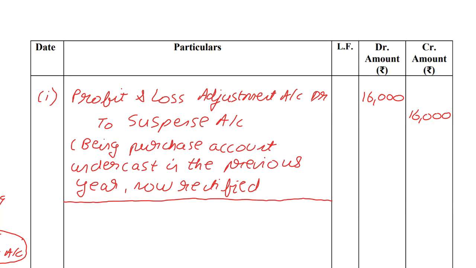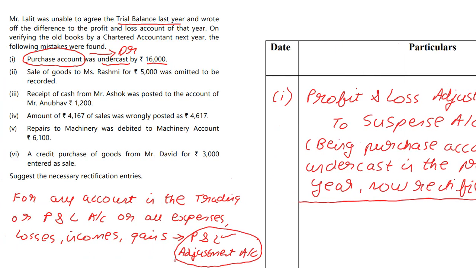Okay, now we go to the next transaction, and they're telling us that the sale of goods to Miss Rashmi for 5,000 was omitted to be recorded. All right, now in the case of an error of omission, you simply pass the journal entry. So the journal entry would normally have been Miss Rashmi account debit to sales account.